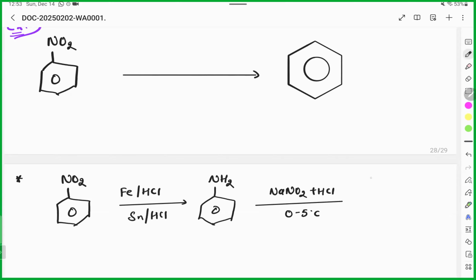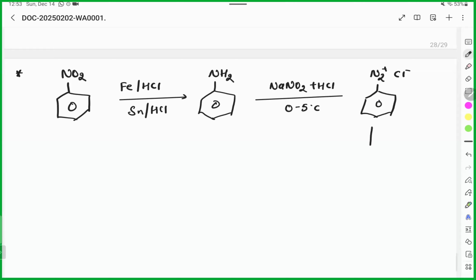Okay, so it will be diazonium salt. Further, H3PO2. Either you add Sn, H3PO2, your choice, plus H2O, or you add ethanol.